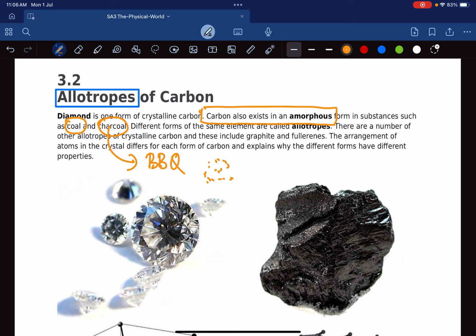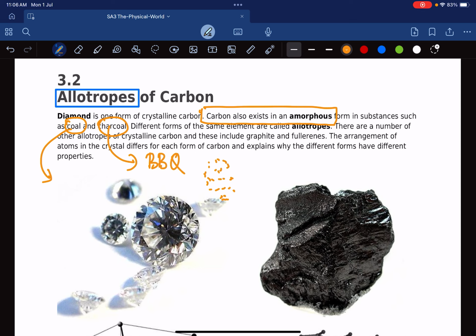That is amorphous. That means it's very brittle. It can just break into powder. Same thing goes with coal. If you take a big hammer and you whack it, it will shatter into small pieces. They are amorphous. They have a lot of empty space between them.